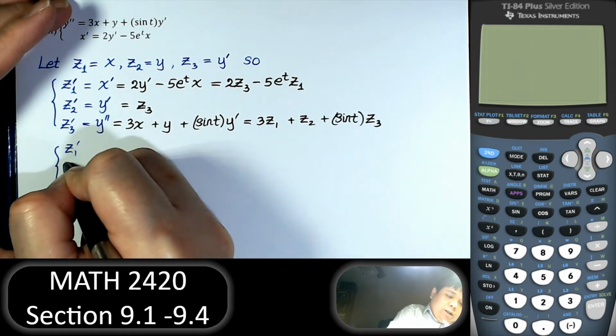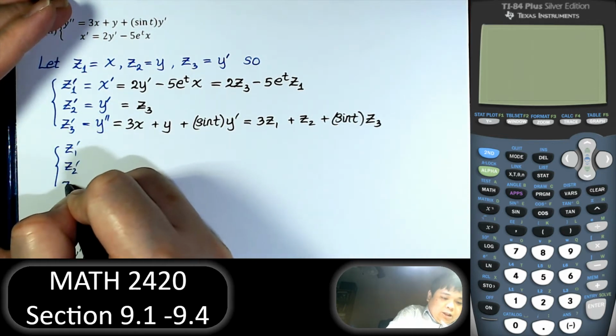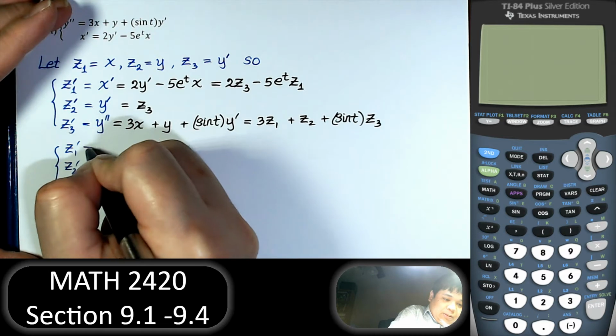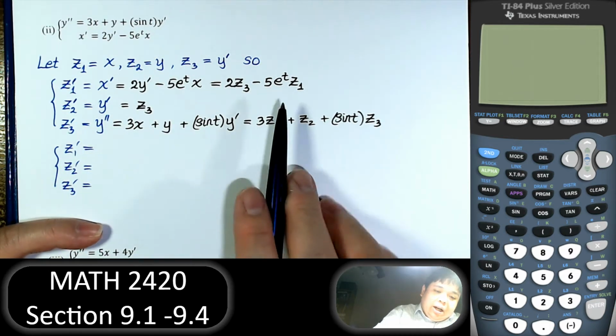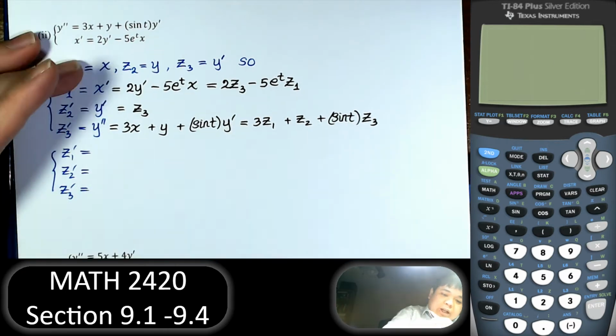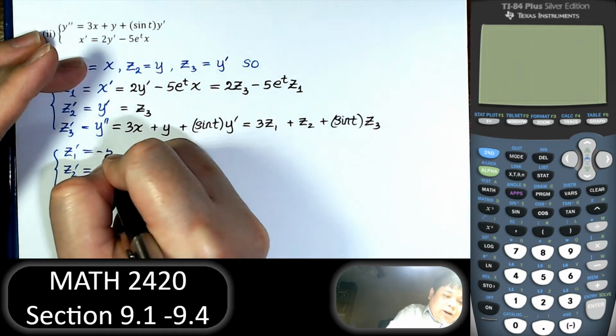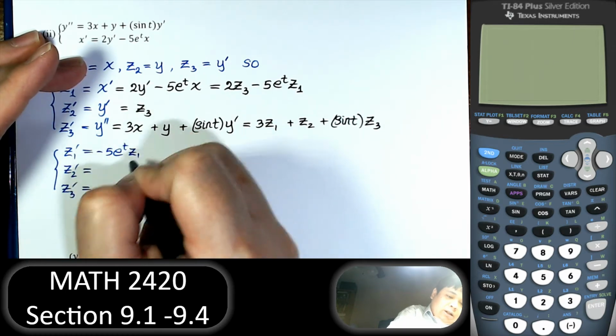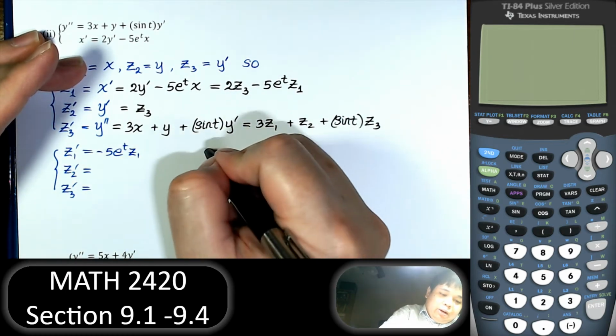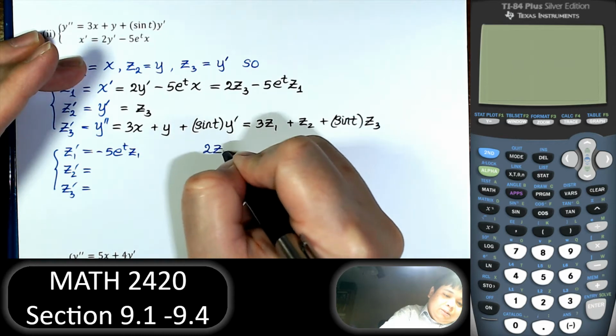z1 prime, z2 prime, z3 prime. Right, z1 and z3, no z2, so negative 5 e to the t z1, no z2, but there will be 2 z3.